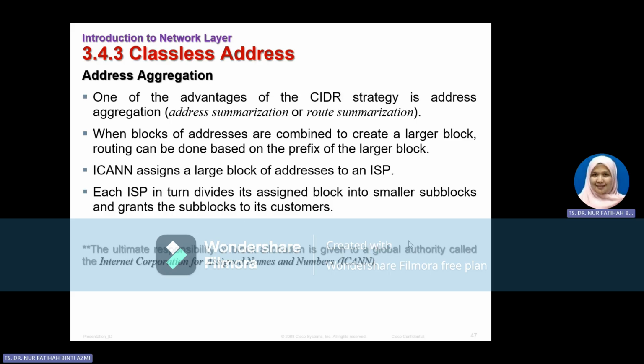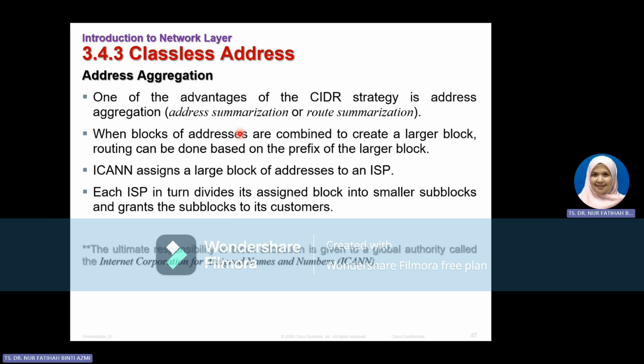I think the pro of address aggregation is that if an ISP gives out several smaller blocks of addresses that are close to each other in the IP address range, they can often combine these smaller blocks and advertise them to the rest of the internet as one single larger block.